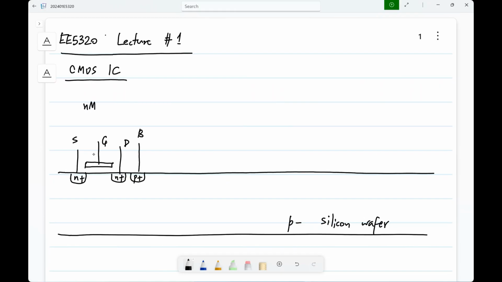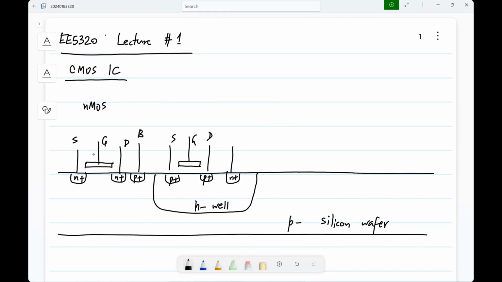This is an NMOS, and if you want to make a PMOS transistor, within this you make an N region. It's called an N well, and within that you create these P islands, and you have the gate, drain, source, and the bulk.